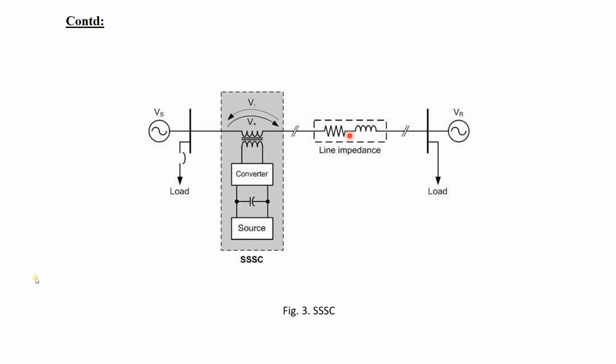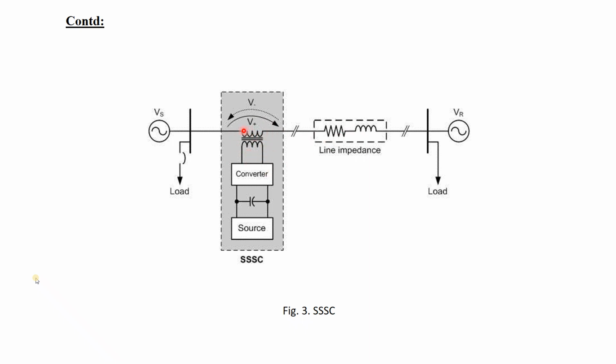This is the single line diagram of our SSSC. We have a voltage source, the alternator. This is the bus bar. This is the SSSC. We have a source and a converter here. The source will be of DC output, so it has to be inverted and then connected and synchronized with the system, because the system is operating at a fundamental frequency.